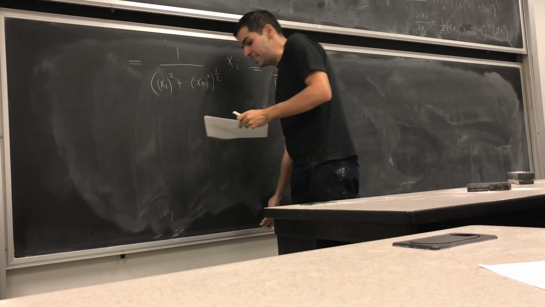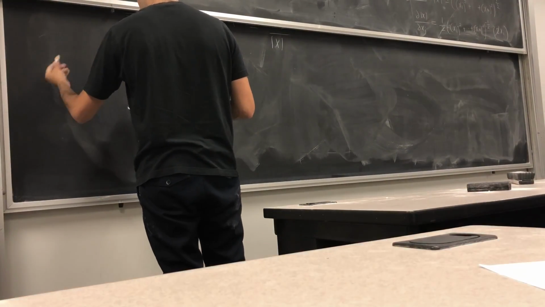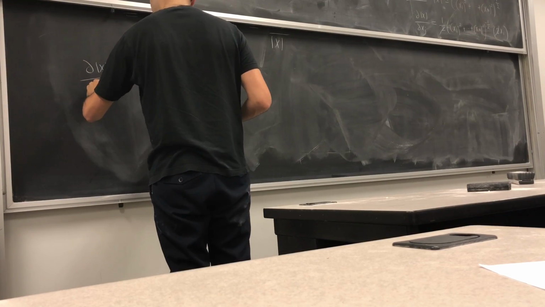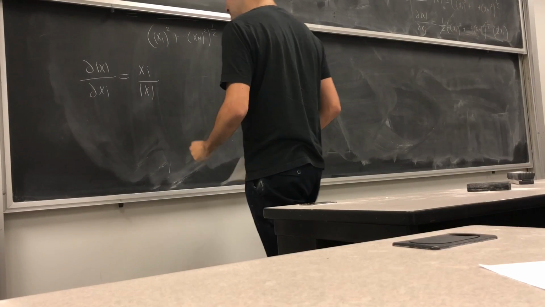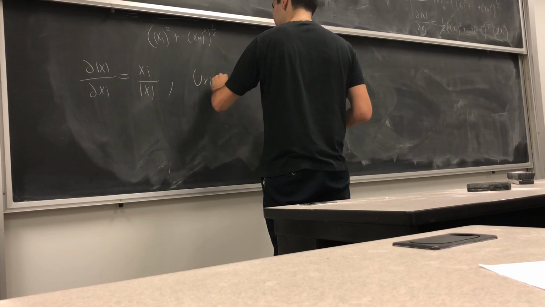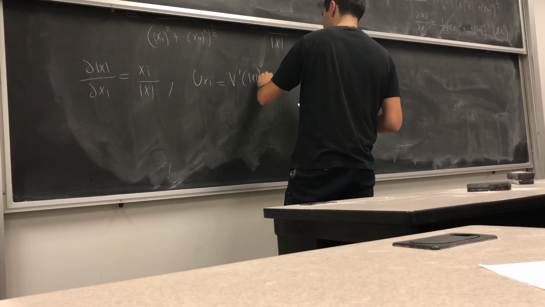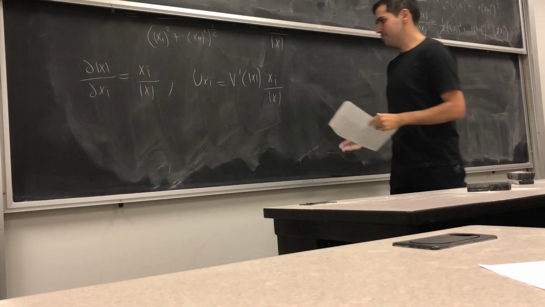So it's pretty neat. So in other words, this tells you that the ith derivative of absolute value is just xi divided by absolute value of x, and by what we have here, u_xi is v prime of absolute value of x times xi over absolute value of x.